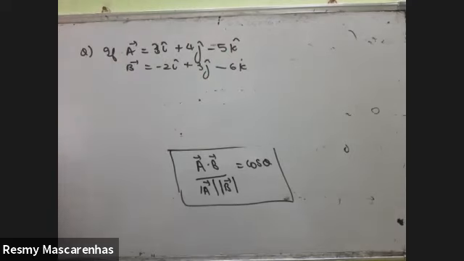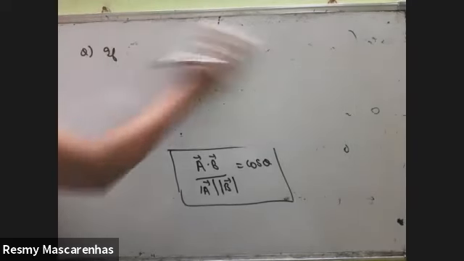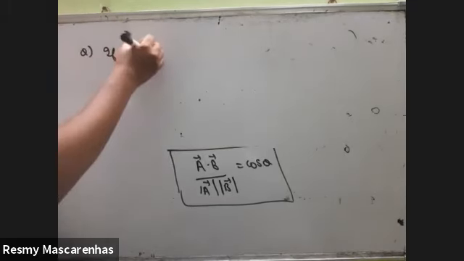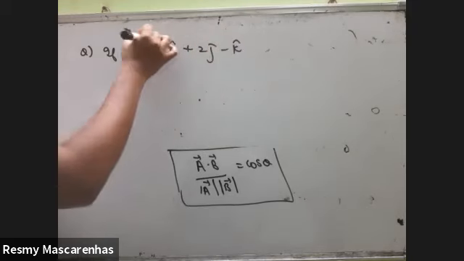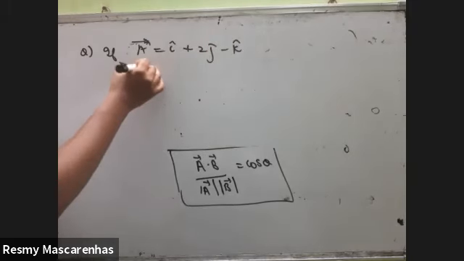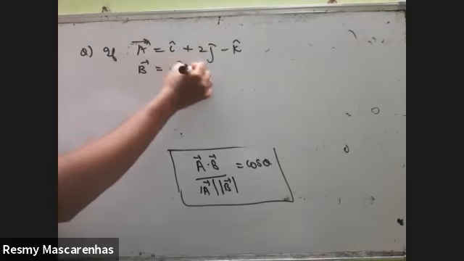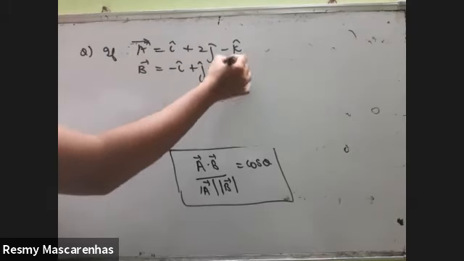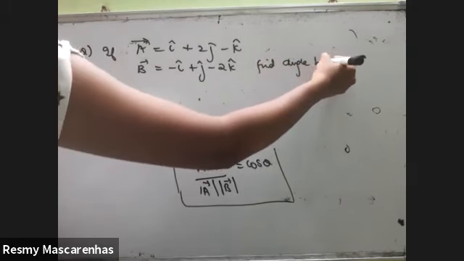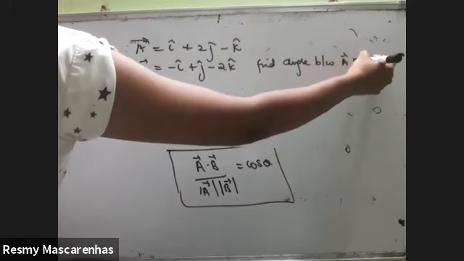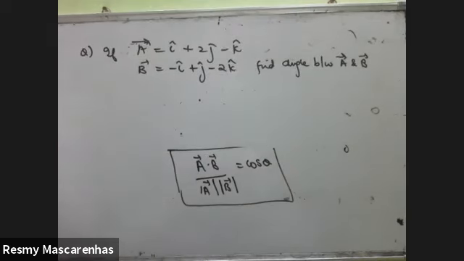Wait 1 second, I put it wrong. A bar is equal to i cap plus 2j cap minus k cap, and B bar is ... find the angle between A bar and B bar. Now this is the question.